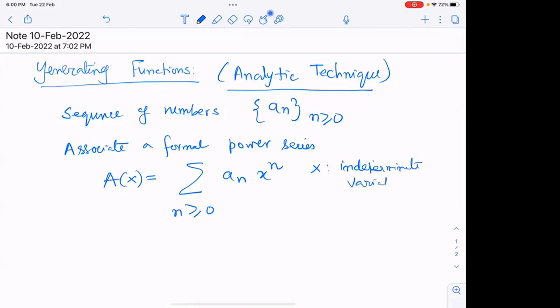One comment, it's not relevant for this study, but since I encountered it in my past teaching experience: some of you may be learning analysis and convergence. Those things have nothing to do here. This is a formal treatment of power series, so convergence and all these things are not at all an issue here. It's a formal treatment.